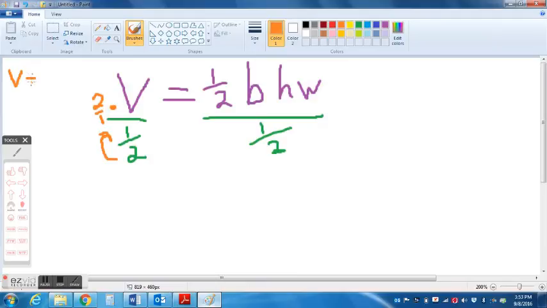If it helps you remember to flip and multiply, whatever helps you is fine. So we're still going to end up with 2V on this side, and that is still going to cross out our 1/2. So like I said, this way still works great.